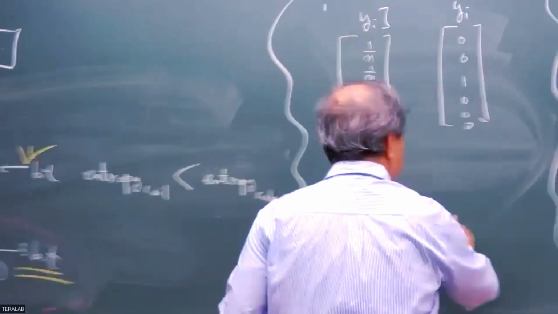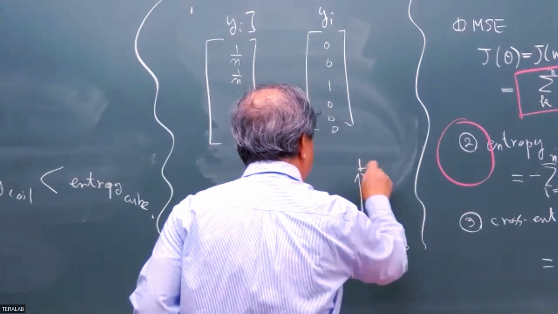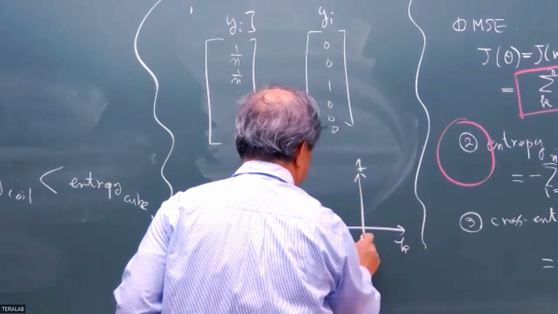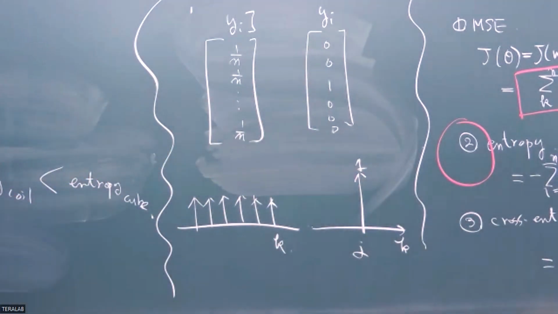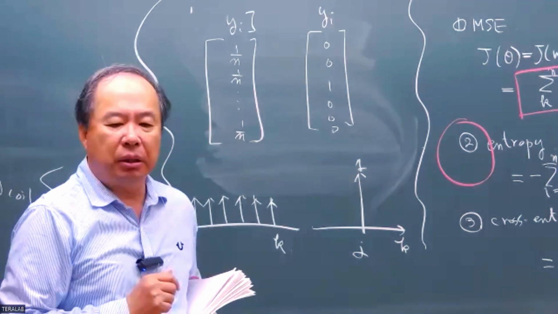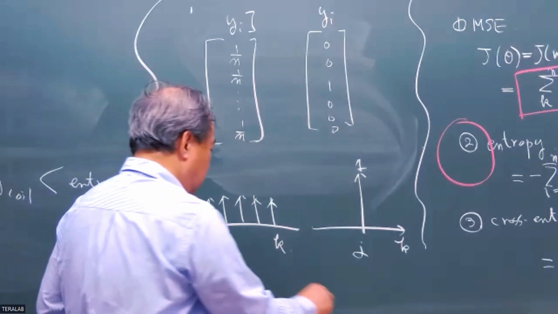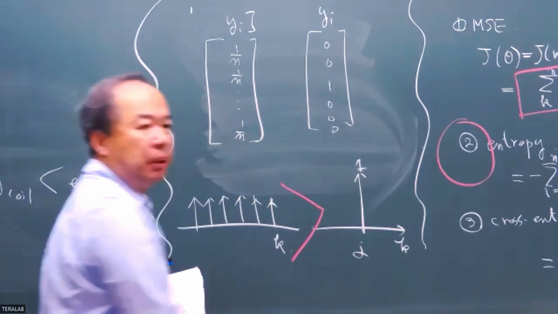And the second case is where you have only a single one at a certain index number j. If you choose entropy as a loss function, this entropy is a much lower number.